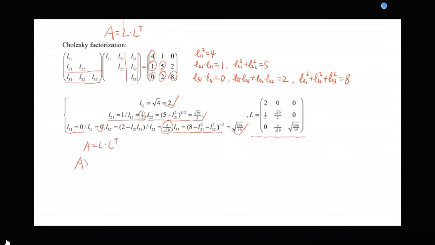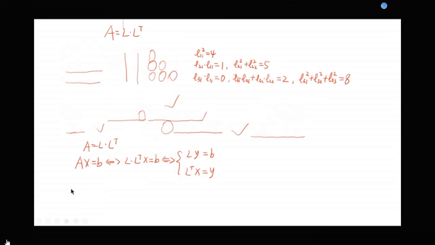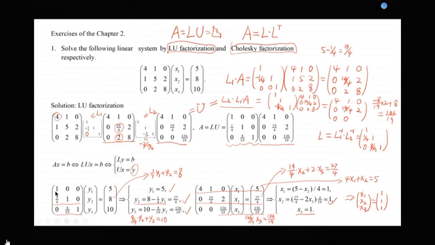So AX equal to B is equivalent to L multiply L transpose X equal to B. So it's equivalent to L transpose X equal to Y, then LY equal to B. And also, you can solve the two linear systems like LU factorization.